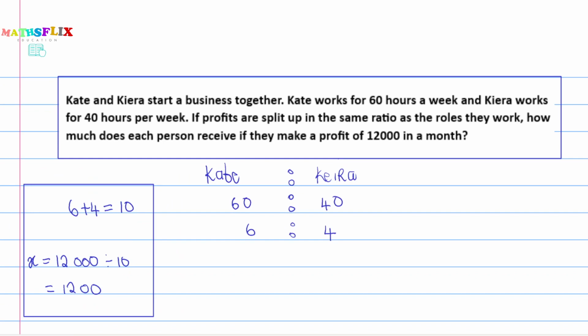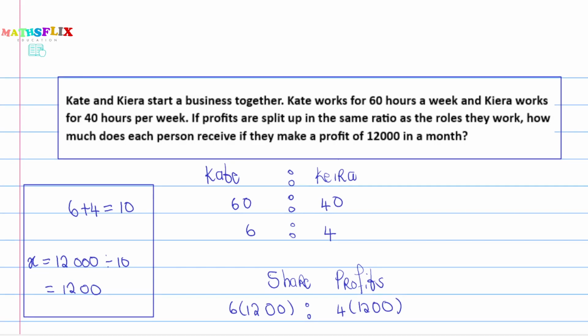Now, that means that in order for us to actually help them share the profits, we need to make them share the profits in this ratio. So you'll say x, 6 times x, which is 6 times 1,200, and then 4 times 1,200.